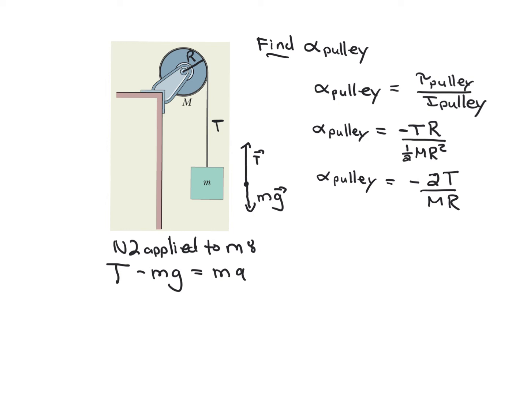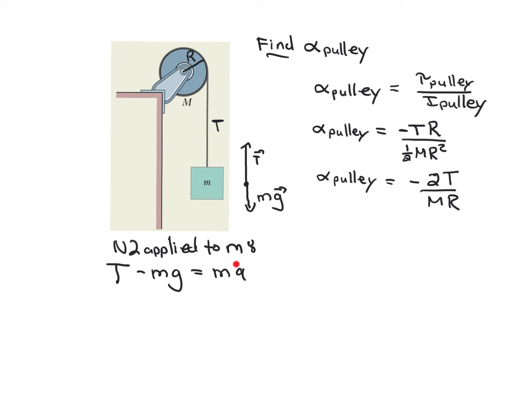Okay, well, we're getting closer. So to find out the angular acceleration of the pulley, we need only to know the tension in the rope, because we assume that we're given the mass and the radius going in. And we have an equation down here for the tension that we can use, except there's one problem.